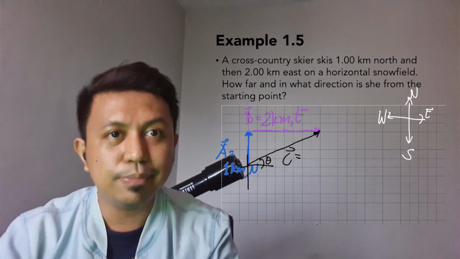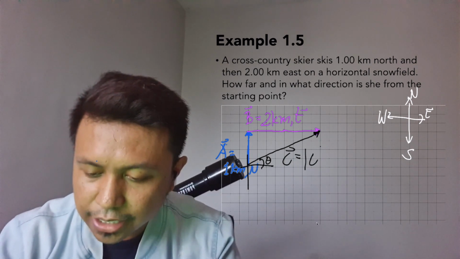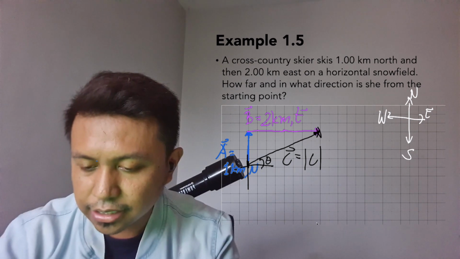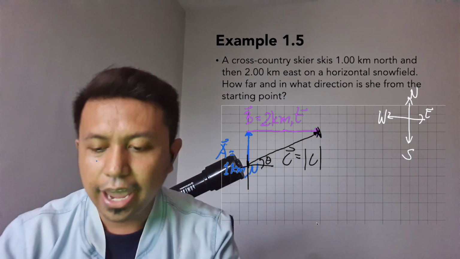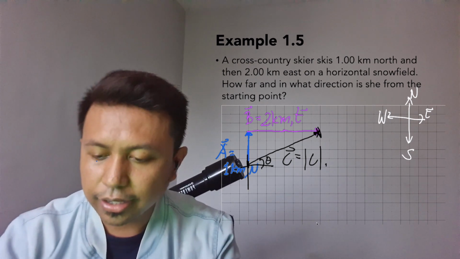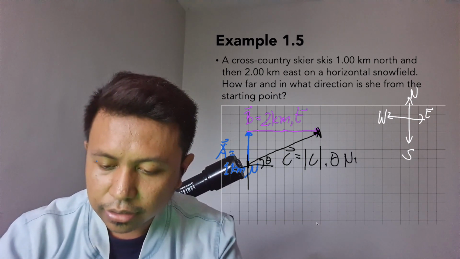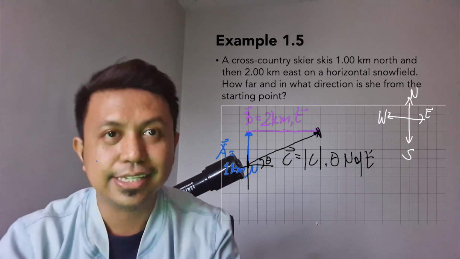So vector C is how long this is, and then the angle theta north of east.